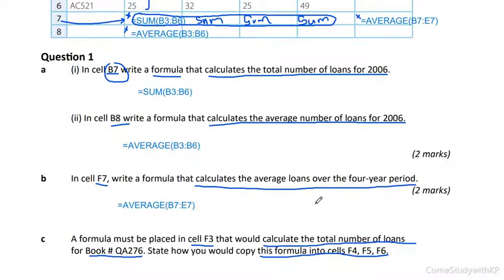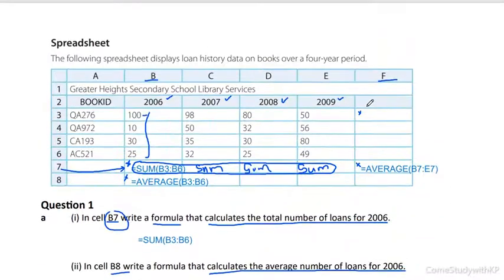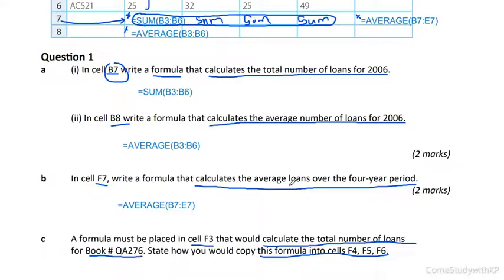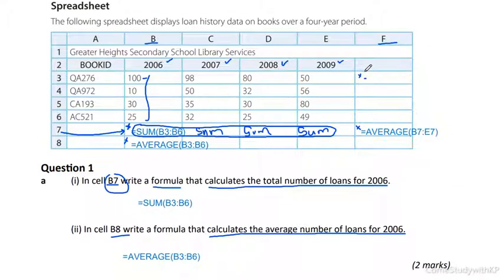So if we were going to put a formula in this cell to calculate the total, we can use the sum function. Sum equals sum, and we would sum from B3 to E3.